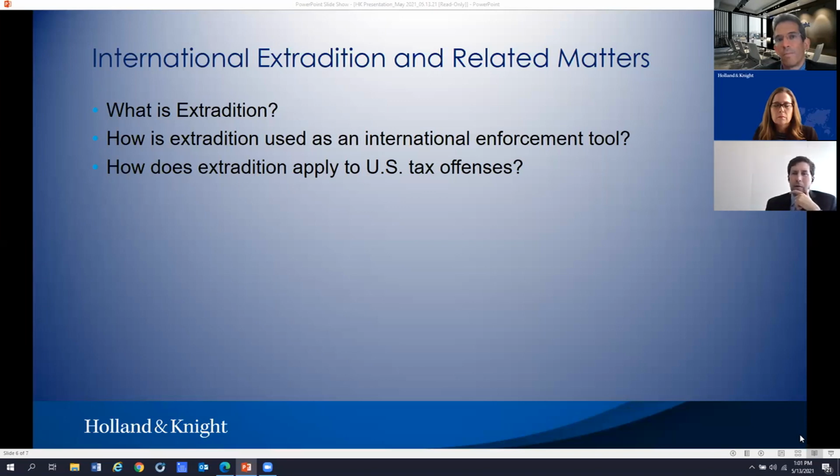Then as soon as he got on a Lufthansa plane, realized he was going to change planes in Frankfurt and knew as soon as the plane took off that was going to change his life. Now that was an antitrust extradition that he was focused on. But antitrust in a dual criminality situation had not been a crime in many of the European countries he went to. When he landed in Germany, it was. And so he fought extradition all the way up to the German Supreme Court before he was able to come to the United States and resolve that matter.